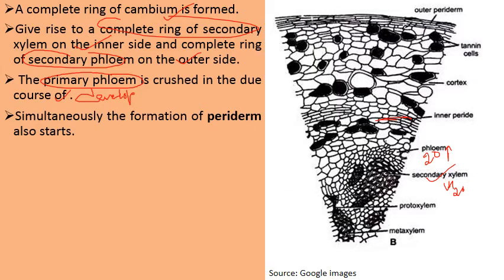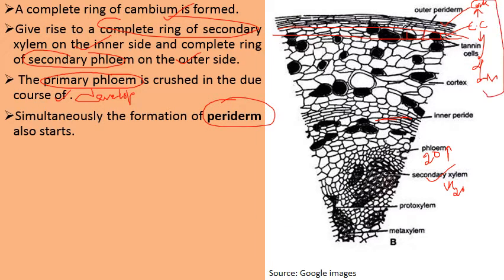there is formation of periderm in the outer region of the cortex. Some cells in the outer region of the cortex become meristematic and behave as the cambium known as cork cambium. This cork cambium cuts cork cells towards the outer side and secondary cortex towards the inner side.